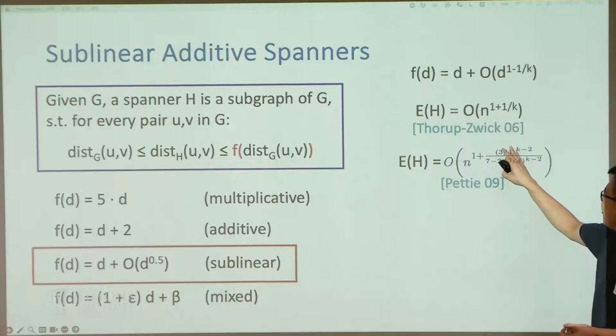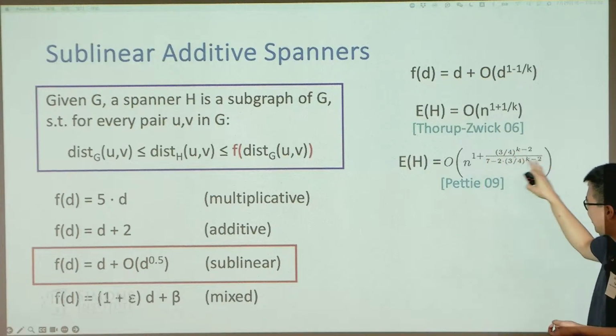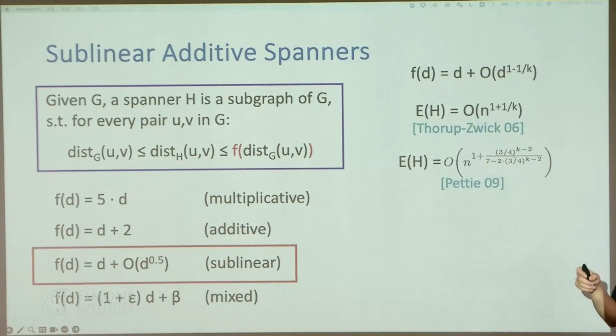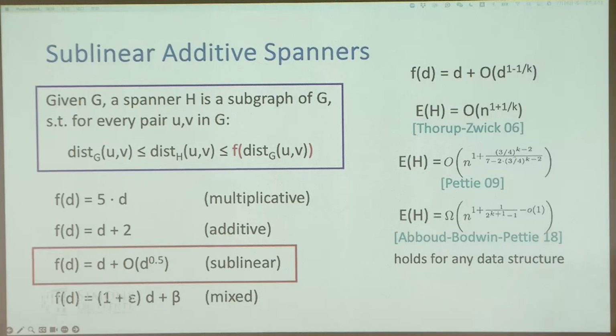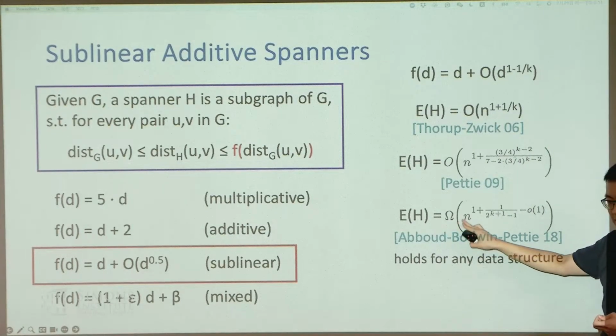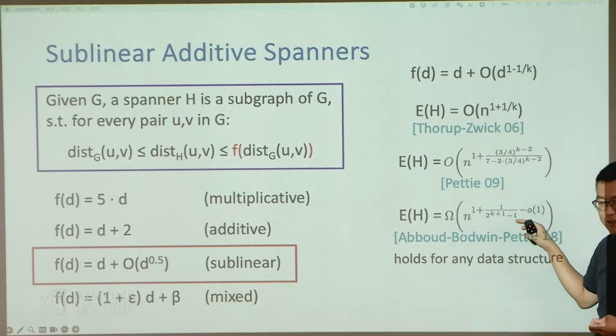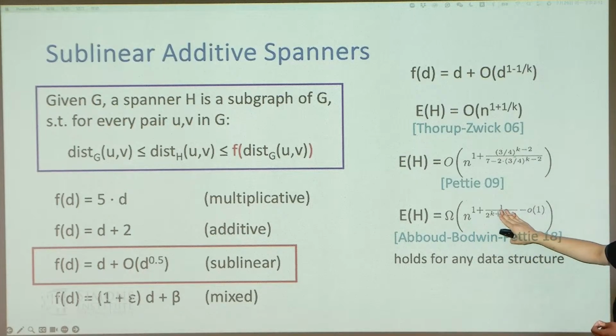It's 3 over 4 to the k, and the denominator doesn't matter, it's a constant. So is 3 over 4 the right constant here? It has later been shown that 1 over 2 has to be at least the lower bound. So for getting this type of stretch function, the data structure has to contain at least n to the 1 plus 1 over 2 to the k plus 1 minus 1. But erase all this, it's n to the 1 plus 1 over 2 to the k.